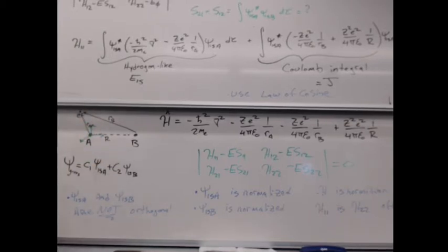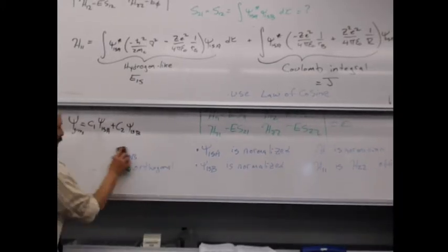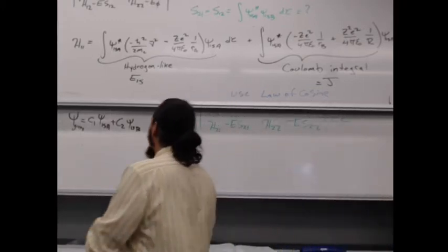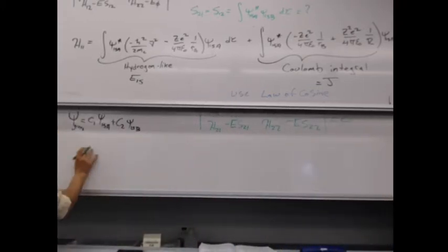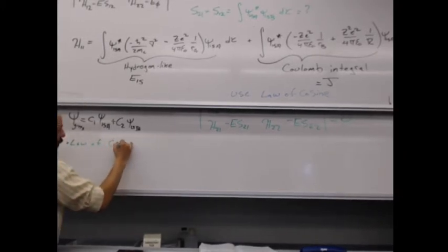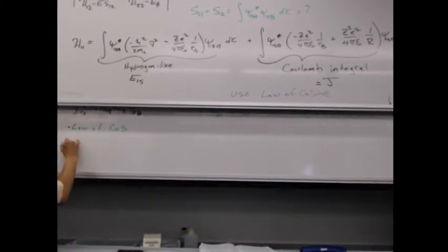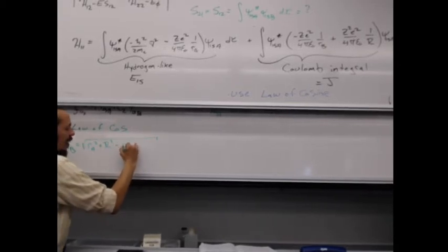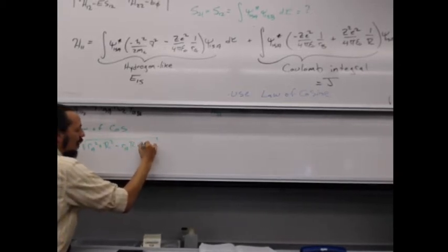And it turns out that through the law of cosines, I'm going to erase this stuff and do the new assumptions we're using. Due to law of cosines, we can say RB is equal to the square root of RA squared plus R squared minus RA R cosine theta.